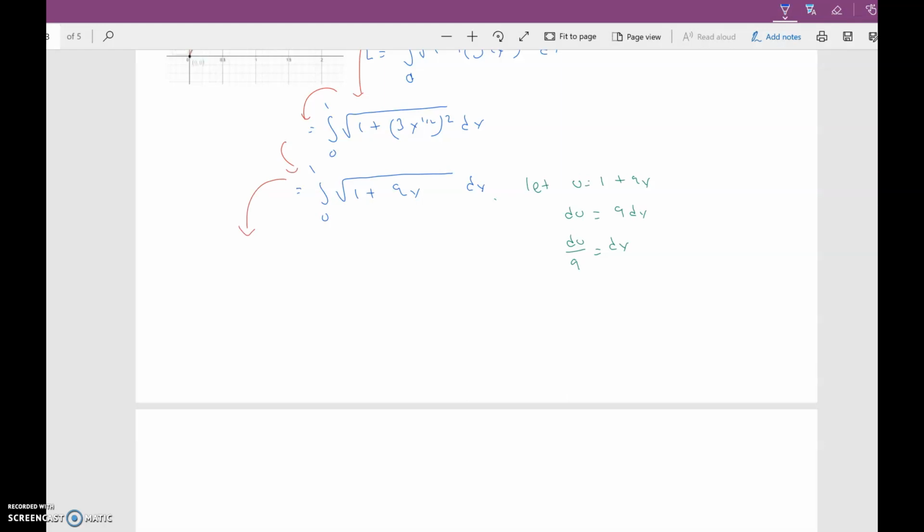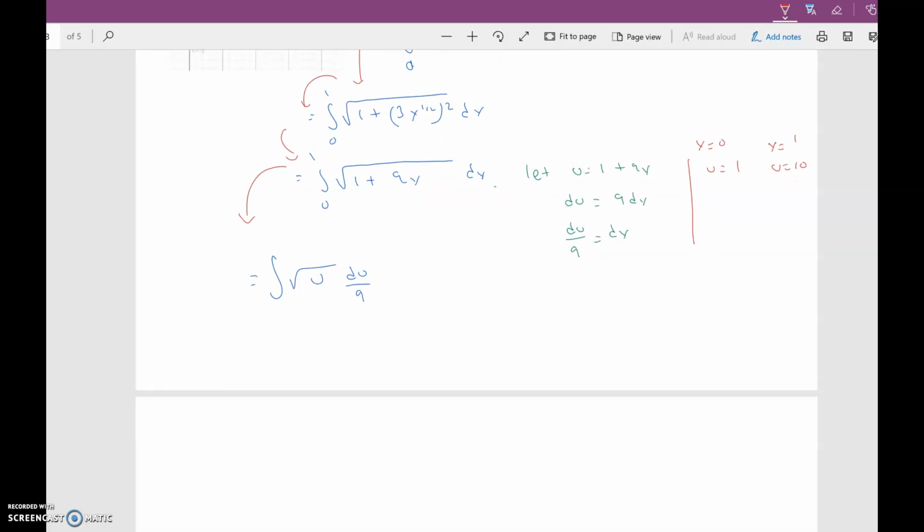So what appears to be a messy integral is actually not that bad. We're looking at the integral of the square root of u, with the u over 9 for the limits of integration. For y equal to 0, u is equal to 1, and for y equal to 1, u is equal to 1 plus 9, which is 10.